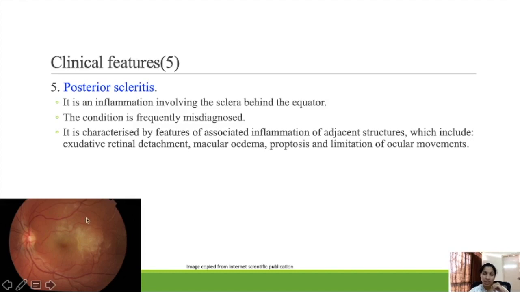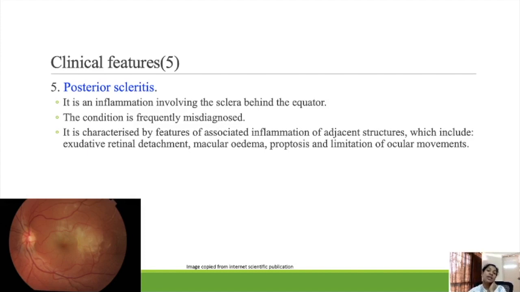Normally it should be full orange color only, but here you can see a pale area. This is retinal detachment due to posterior scleritis. So these are the signs of posterior scleritis: retinal detachment, macular edema, proptosis, that is bulging of the eye, and limited ocular movements.